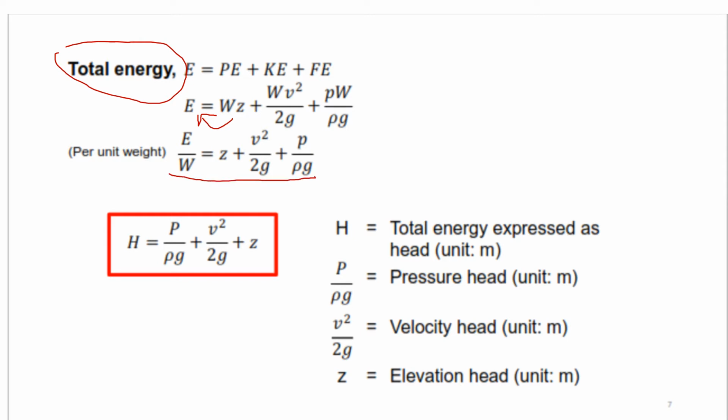And finally, we can represent the total energy as H: pressure head or pressure energy, plus the velocity head or velocity energy, and also Z, the elevation. You can see here all the units must be in meters. Make sure that you add the three energies in the unit of meters.